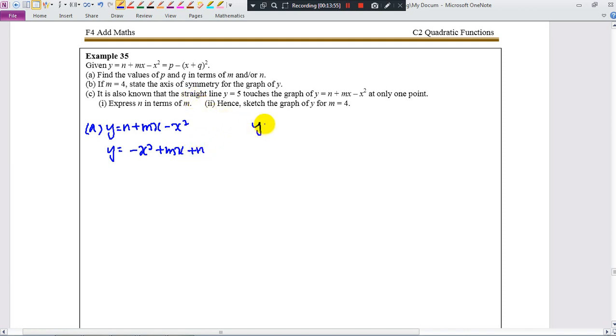And this is the same thing, but in vertex form, the complete square form. Find the values of p and q in terms of m and n. So do the complete square first. Make sure it is positive.